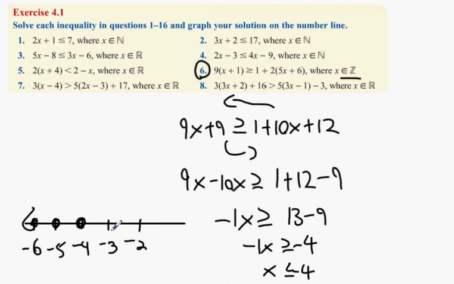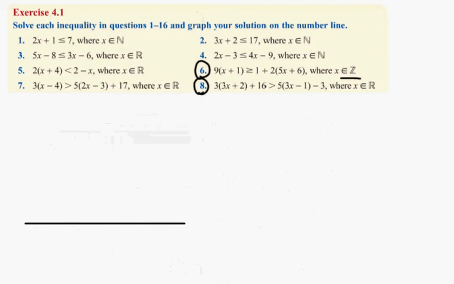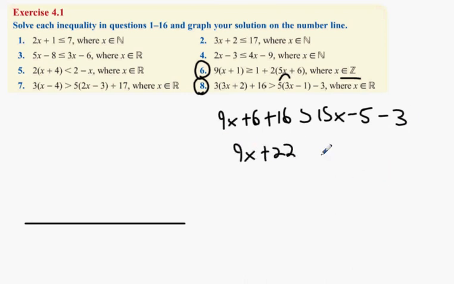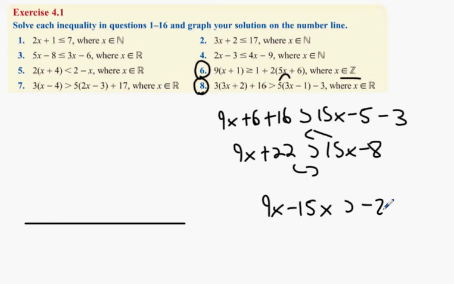Alright? What we have here is this, guys, okay? Question 6, question A. 9x plus 6 plus 16 greater than 15x minus 5 minus 3. Everybody cool with that? 9x plus 22 greater than 15x minus 8. X is to the left, everything else to the right. 9x minus 15x is greater than minus 8 minus 22.